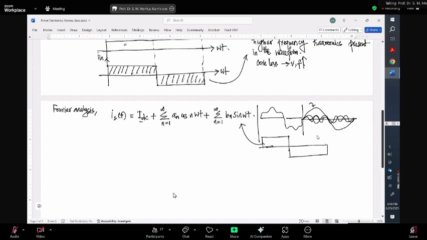Okay. So now suppose we are dealing with this signal. If I want to find the DC current component of this signal, what should be the DC value?